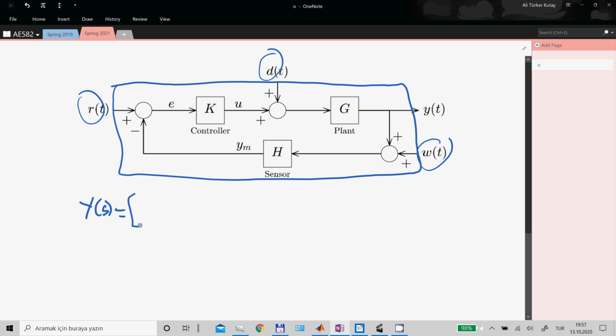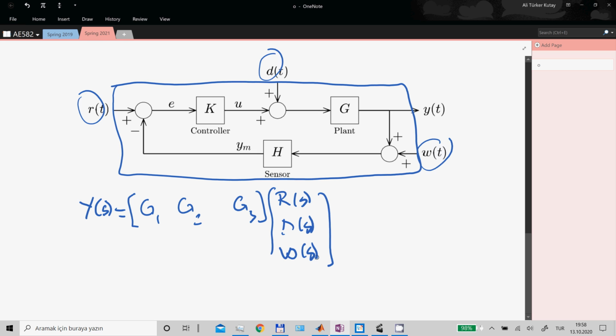So that means you will have one transfer function corresponding to each input, and then you multiply these transfer functions with the input signals R of S, D of S, and W of S, and the sum will give you the output.